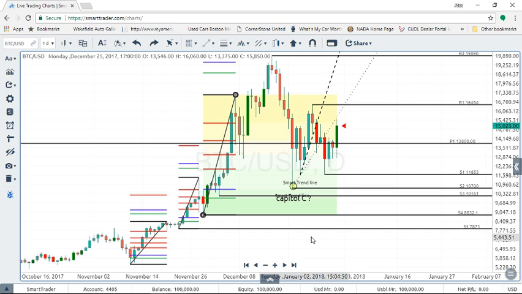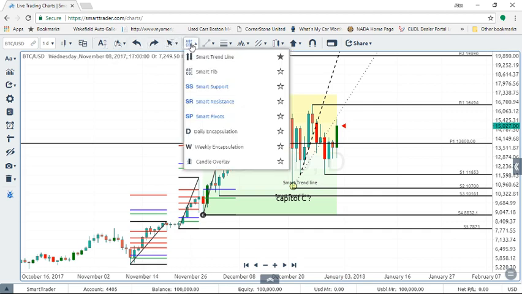What I like to do is follow the trend, look at direction, and see if there's any change of direction. So I apply a lot of Fibonacci's on my charts, and I like to use the Smart Fibonacci, which is right over here. Yeah, here it is.